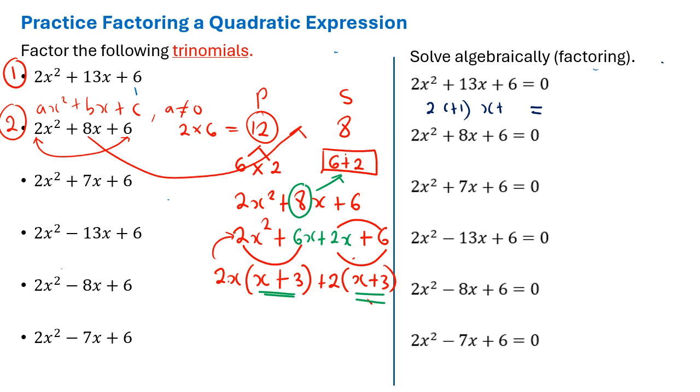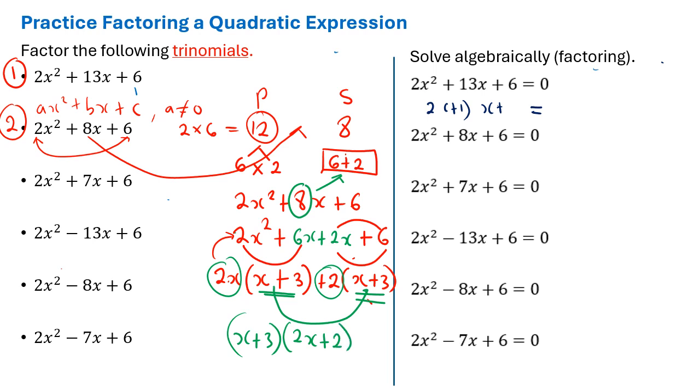So now I'm being very careful here. I'm going to group x plus 3 and x plus 3 to give x plus 3, and wrap the 2x and positive 2 together to get 2x plus 2. This is how you factor.